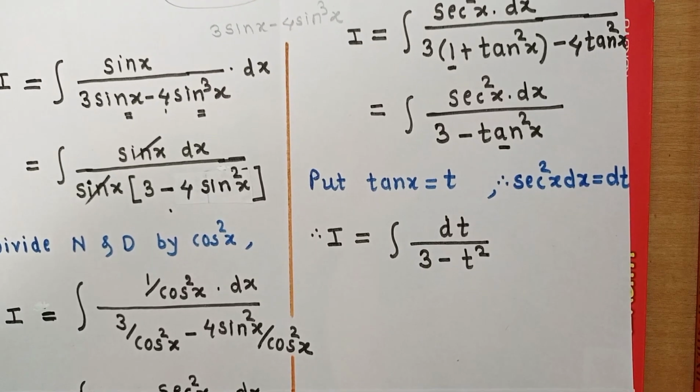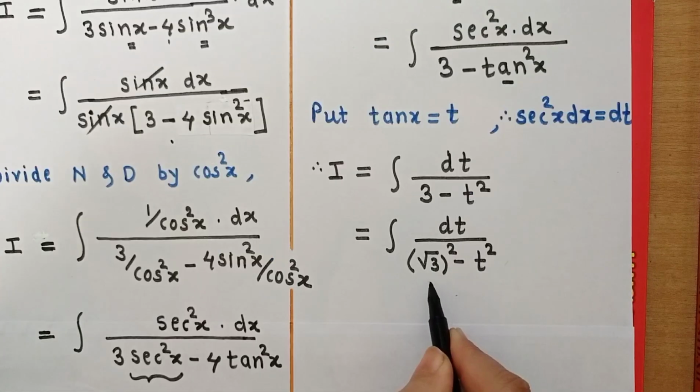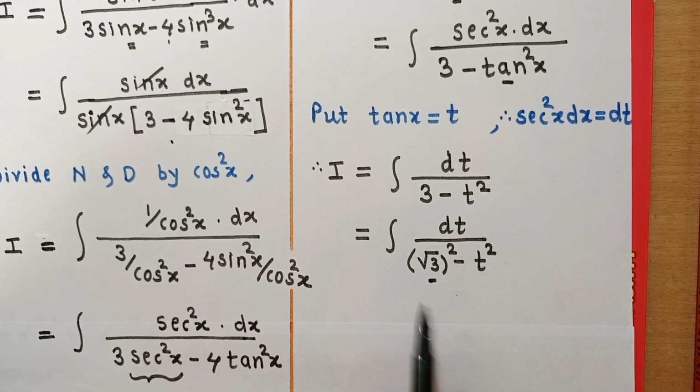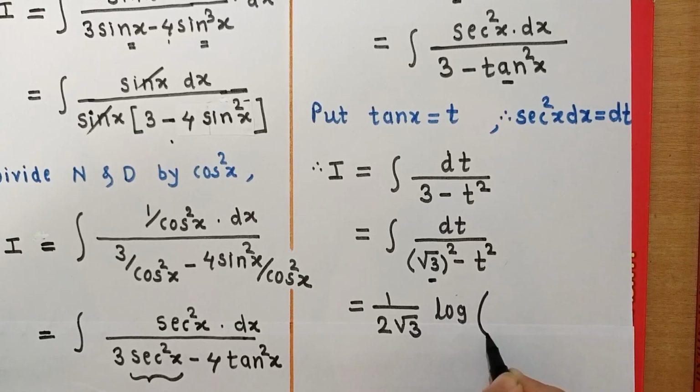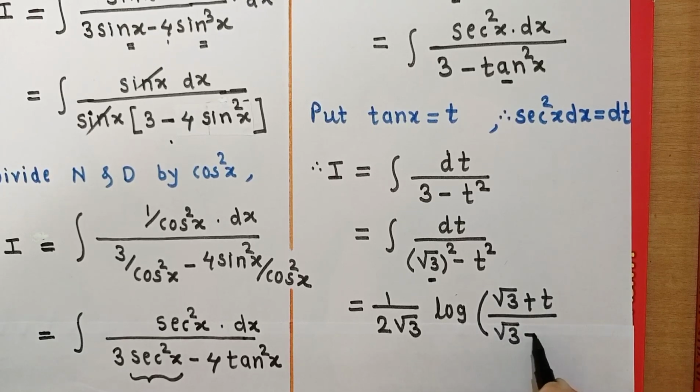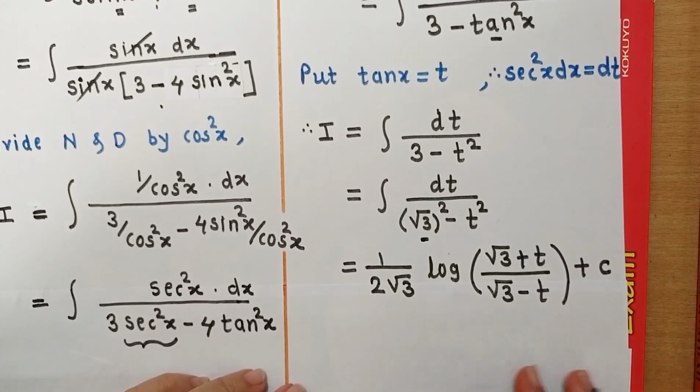This is now in the standard form, so again we will use 3 means root 3 square, and so this is in the standard form 1 upon a square minus x square, that means the third integral formula, and so its answer is 1 upon 2a, a means root 3, log of, then upside we will write the plus term, that means root 3 plus t, and downside root 3 minus t, and then plus c.